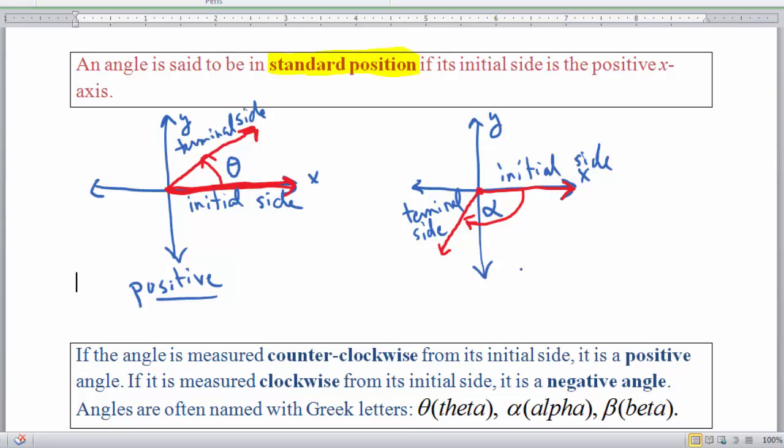If I rotate clockwise, the angle is going to be negative. Right? And again, that's something that's different from what you probably had dealt with in geometry classes. You never had anything that was called a negative angle. But it's all about the direction of rotation. Okay? So if you rotate counterclockwise, it's a positive angle. If you rotate clockwise, it's going to be a negative angle.